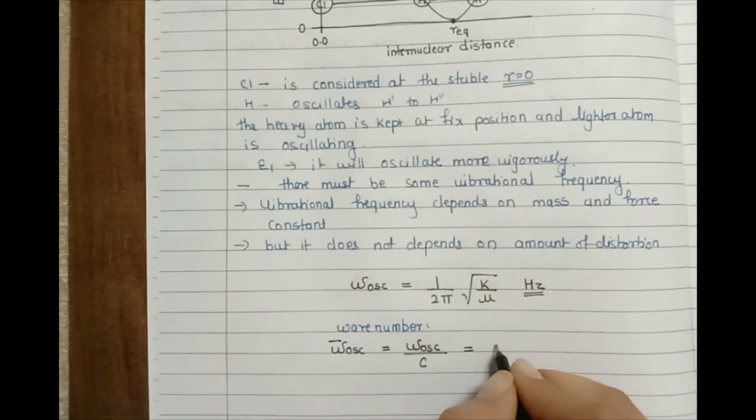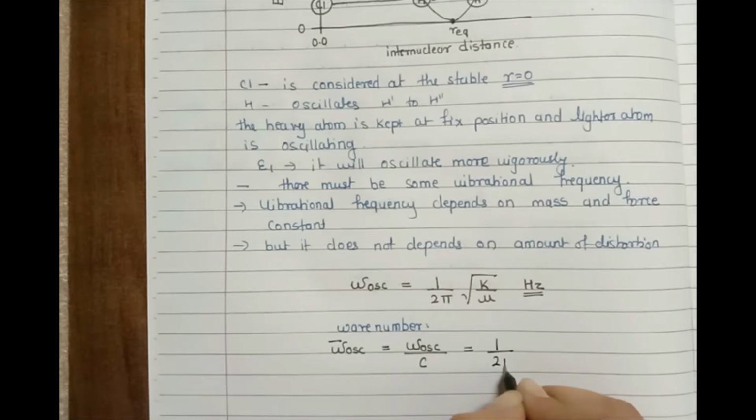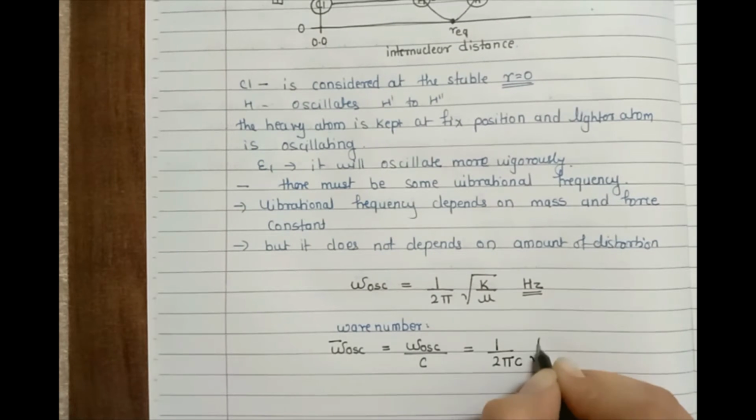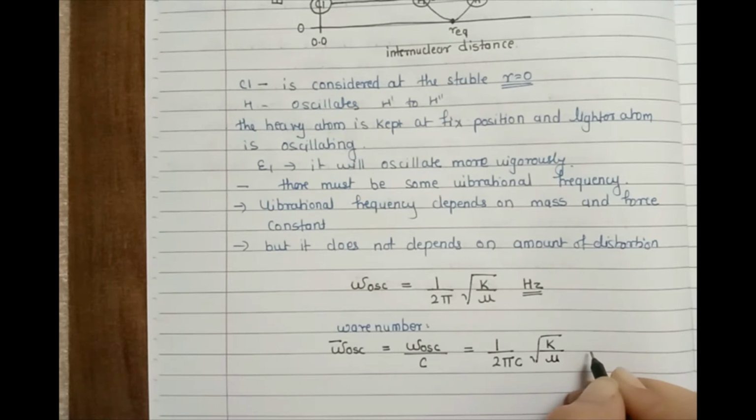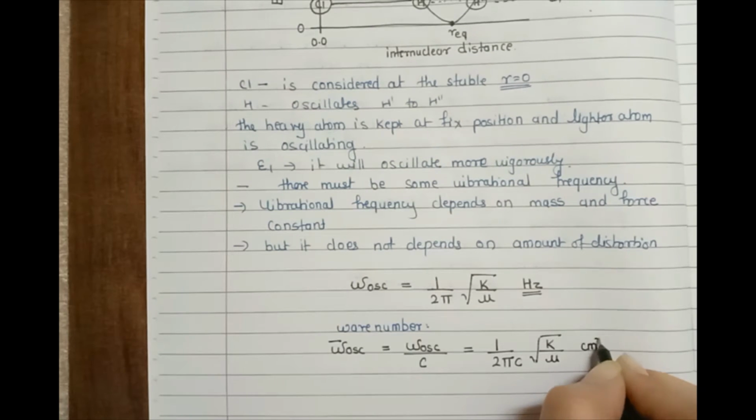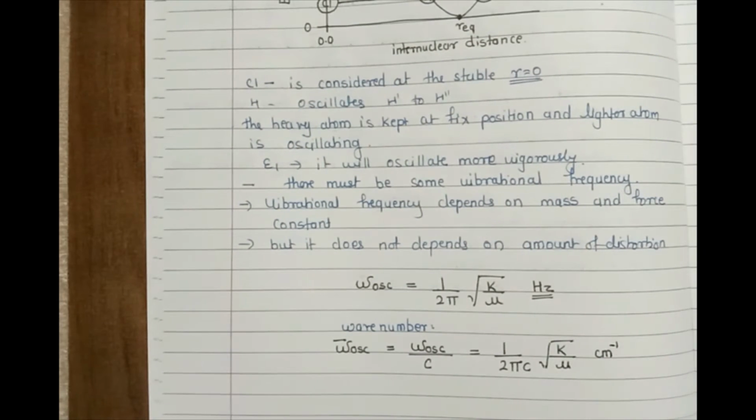So what will happen to this equation? 1 upon 2 pi c into under root k upon mu. As it is a wave number, it is expressed in centimeter inverse. So this is the formula for the wave number, and the upward is the vibrational frequency.